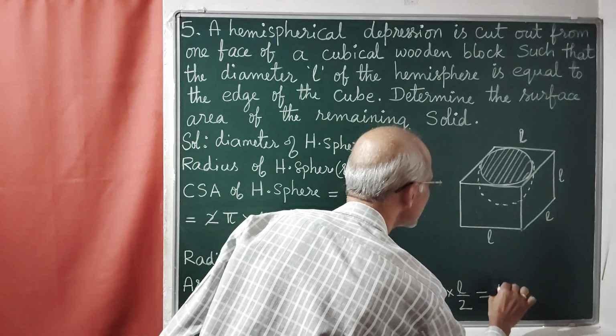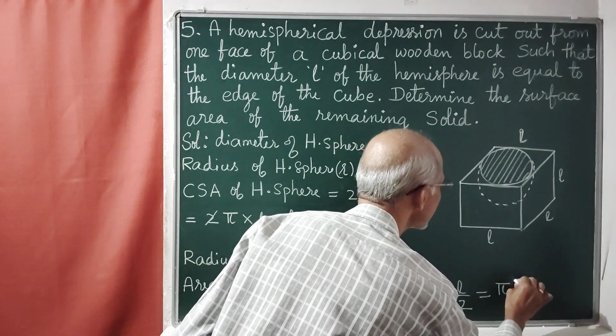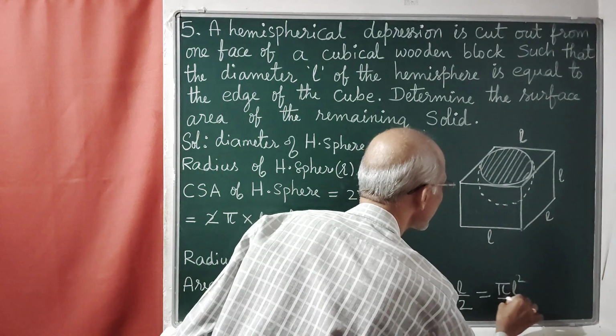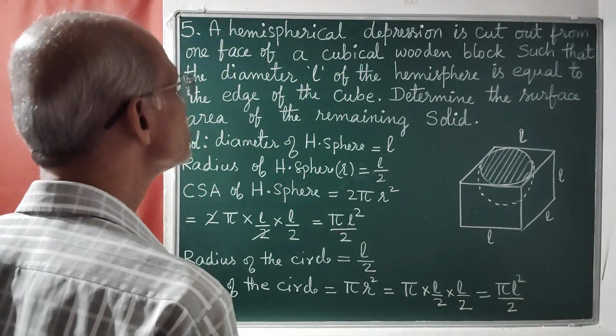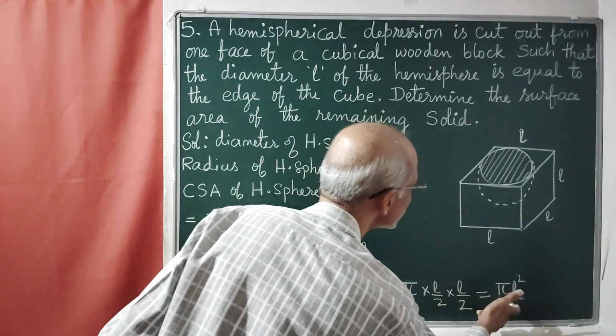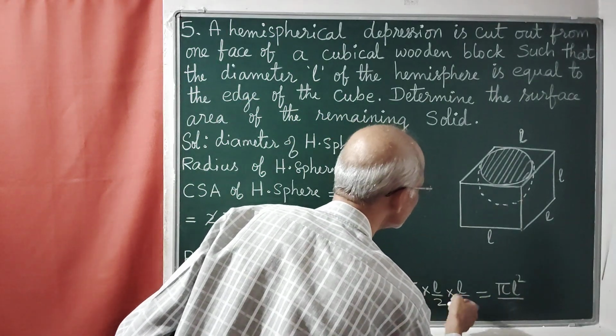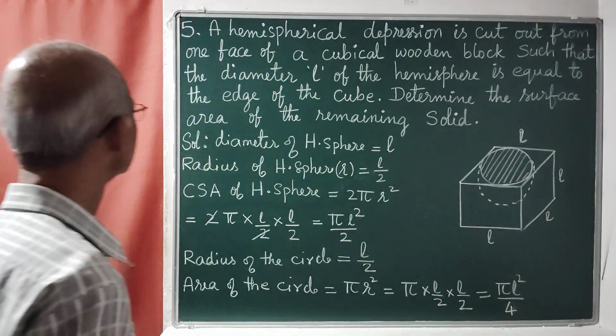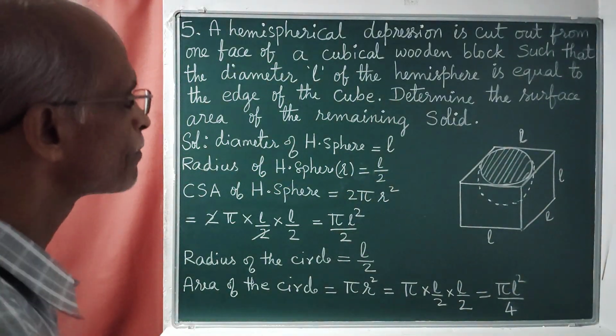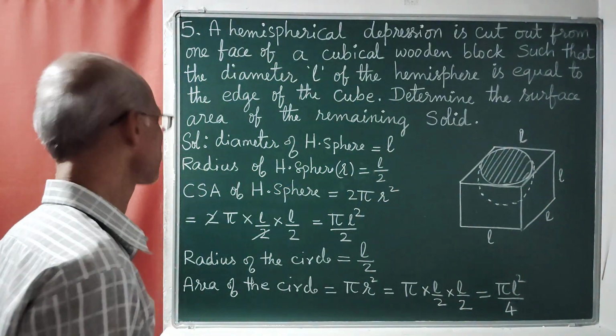So we will get pi L square by 4. The area of the circle is pi L square by 4.